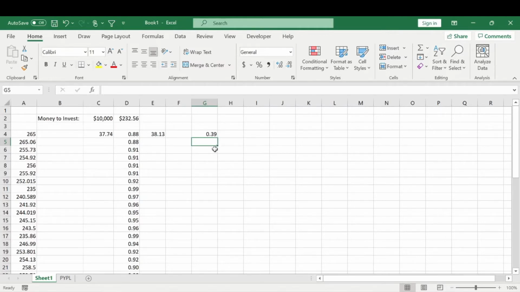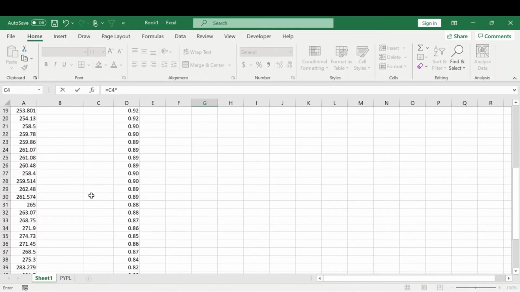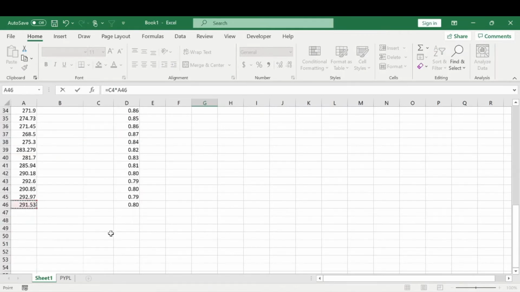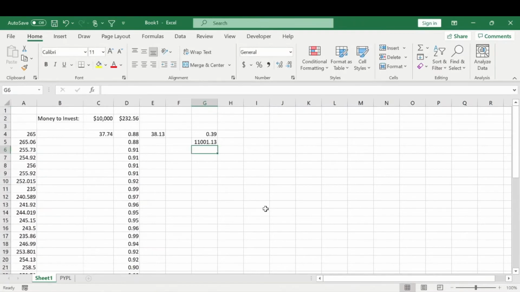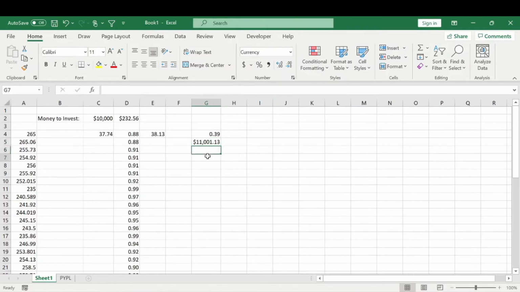But how much is that in terms of money, right? So what we're going to do is take the 37.74 and times it by the last stock price of 291.53. And that will give us a total of $11,000.13. I'm kind of having things all over the place here.